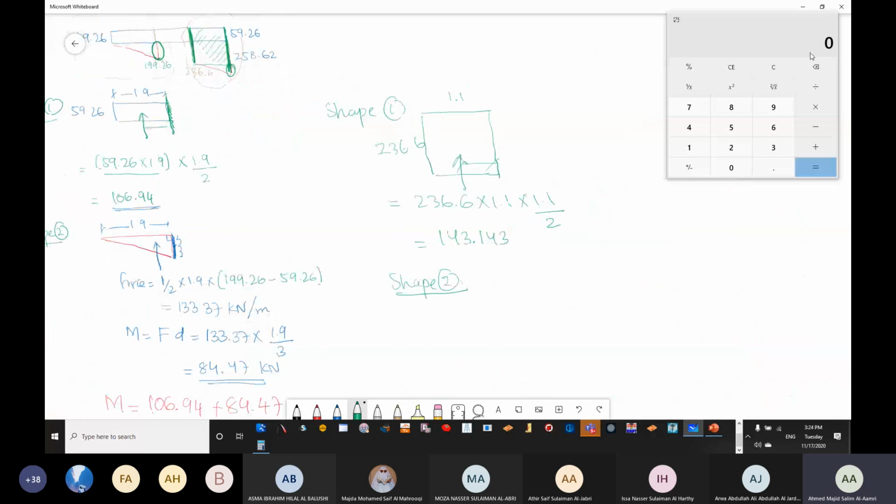That portion is going to be, to calculate the force, we need to have half multiplied by the distance, that's 1.1, multiplied by 258.62 minus 236.6. Can you give me the answer of the force?